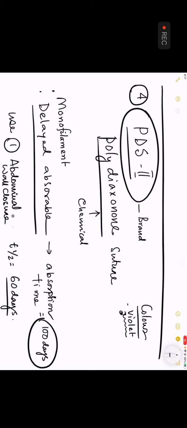This is my suture of preference for all GI anastomosis. I really love this suture because it's so smooth in use. Remember this, it takes 3 knots, beautiful suture. The problem is it is a very costly suture, but the use is in abdominal wall closure and GI tract anastomosis.